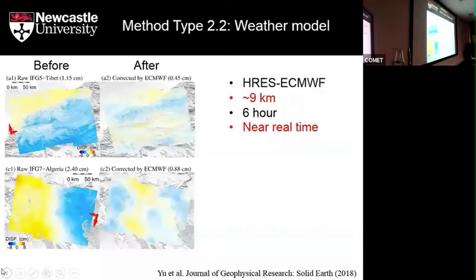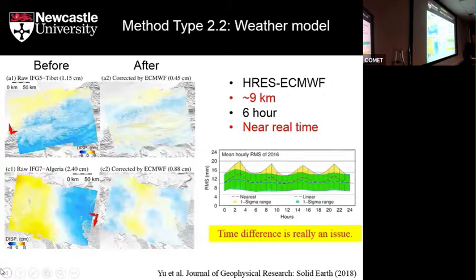But another very important drawback of using weather models is the time difference. Because for ERA and for high resolution ECMWF, we have only 6-hour temporal resolution. So the RMS of the performance of the weather model will vary during this 6-hour interval. You can see the RMS can reach up to 2 centimeters in the middle of the 6-hour interval.